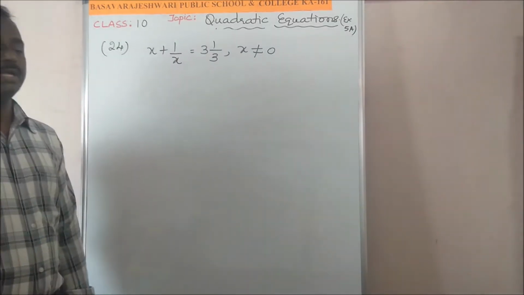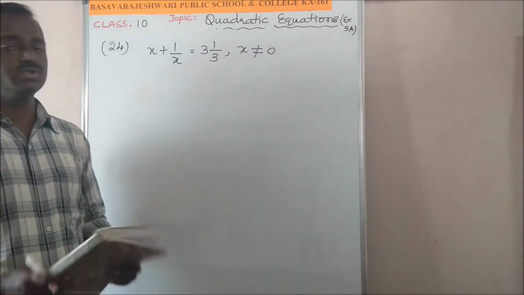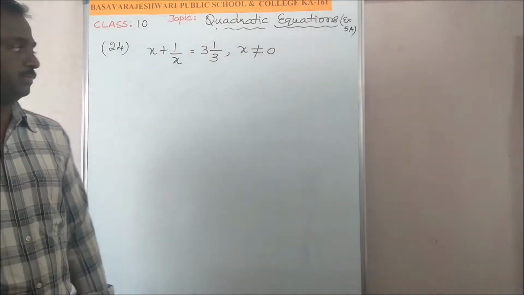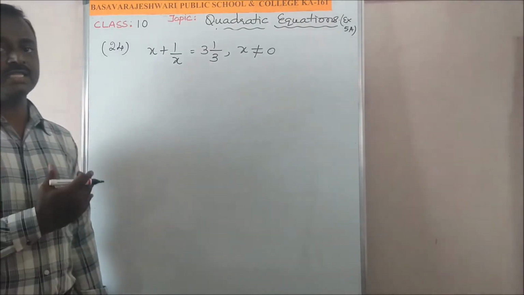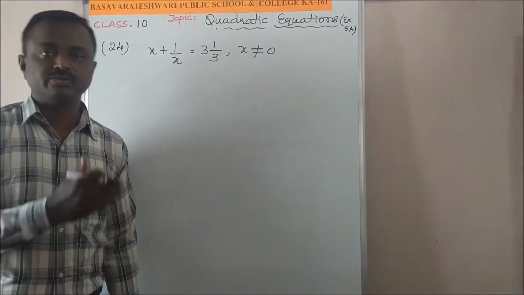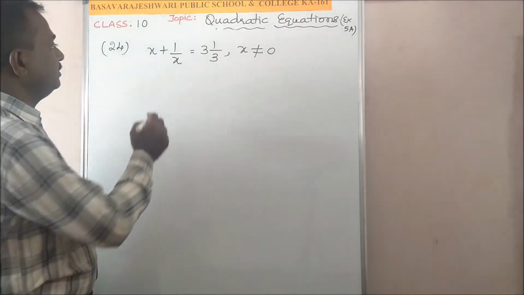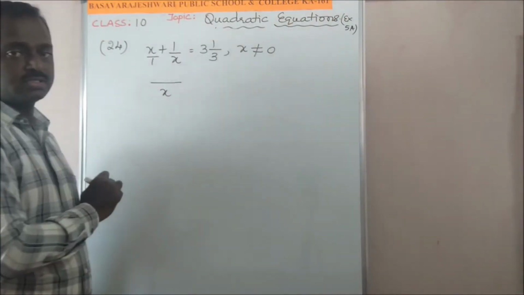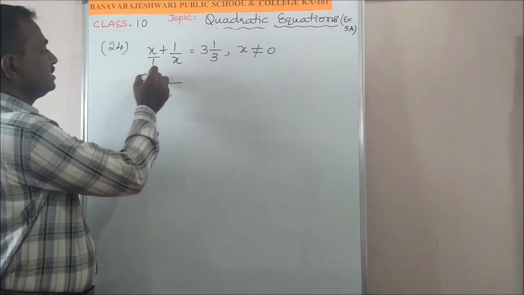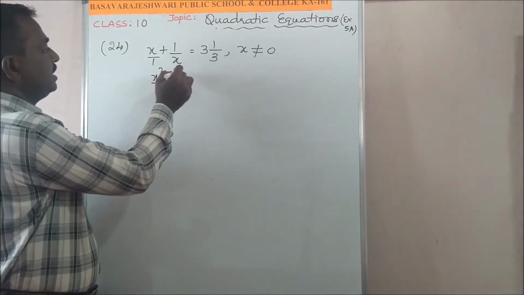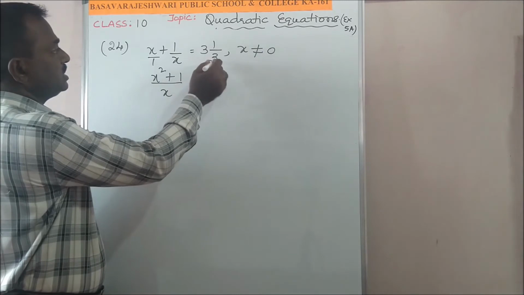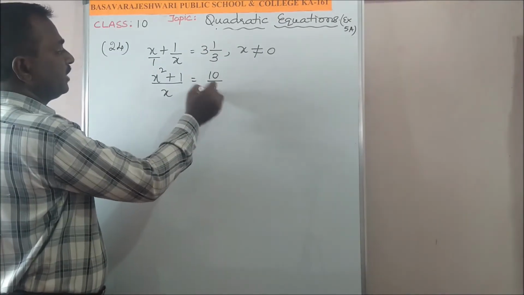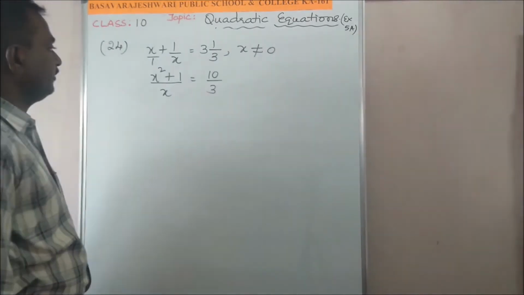24th sum: x + 1/x = 3 1/3, where x is not equal to 0. It is not in standard form, so we have to bring it into standard form. The LCM on the LHS is x, giving (x² + 1)/x. On the right, 3 into 3 is 9, 9 plus 1 is 10, so 10/3, converting the mixed fraction to an improper fraction.